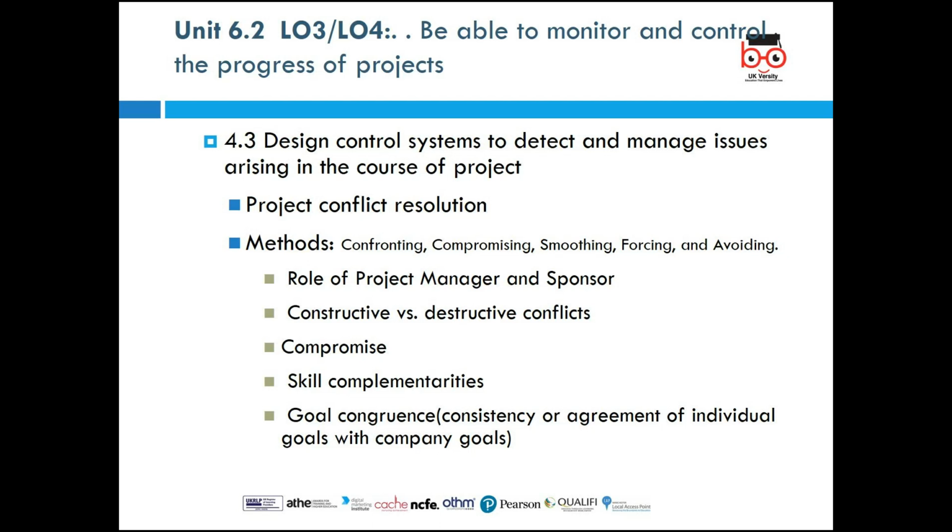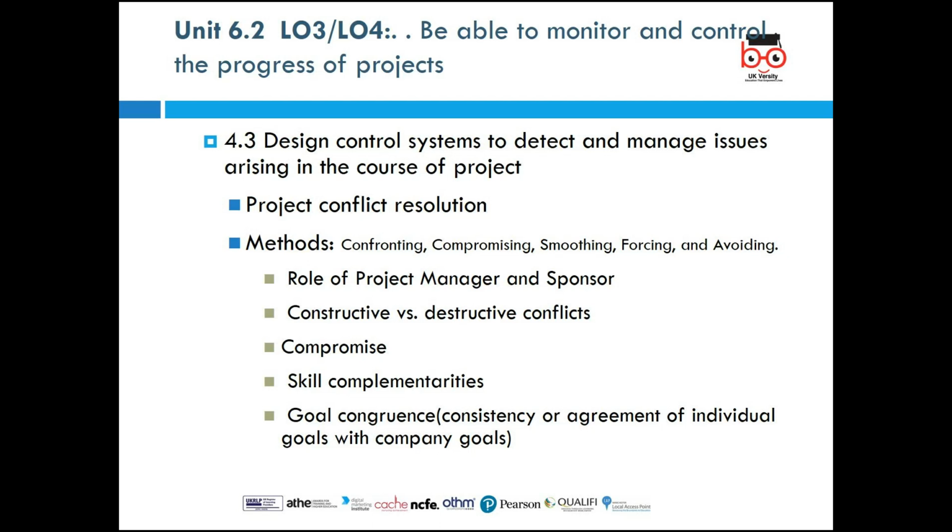You can also decide to compromise, trying to meet the opposing group midway to make sure there wouldn't be any tension within the project team, so that you'll be able to resolve the conflict amicably by meeting each side halfway. This is similar to the smoothing method, to make sure the conflict is resolved smoothly without impacting on any other party.